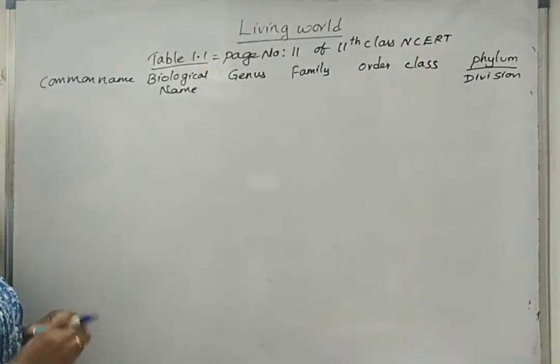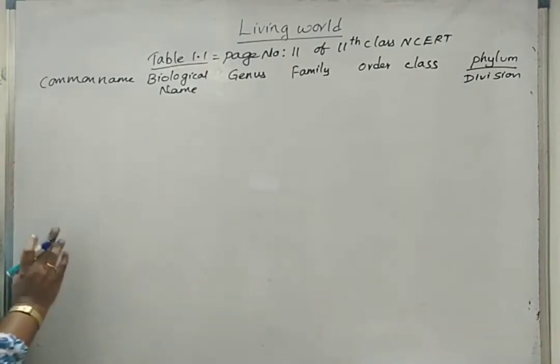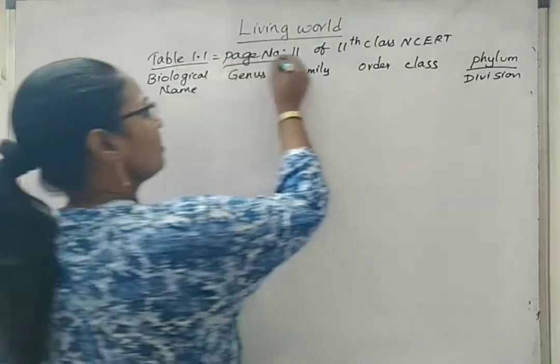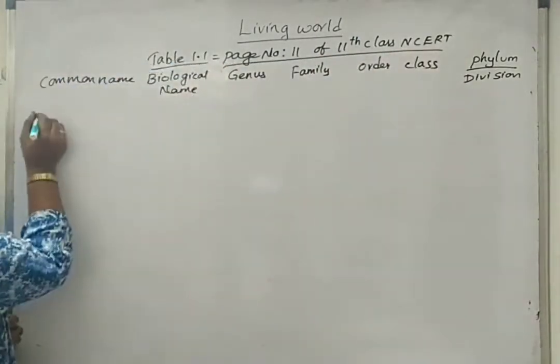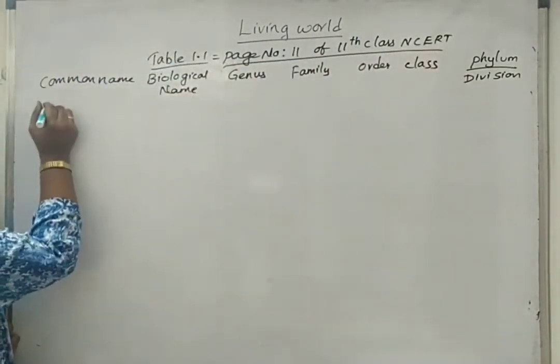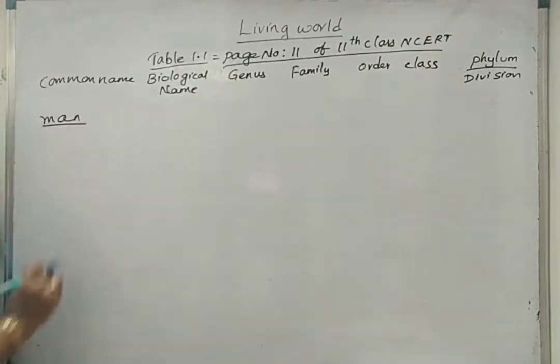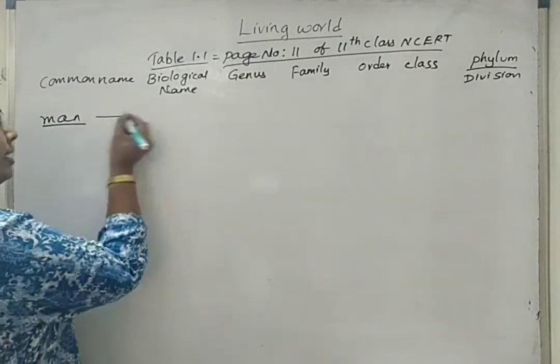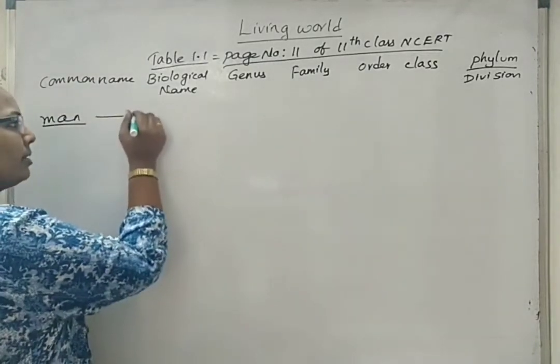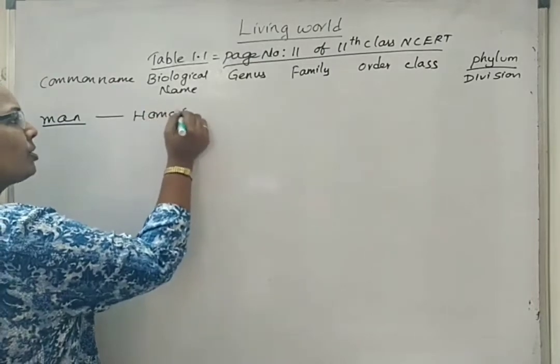We will see the table given on page number 11 of the 11th class NCERT. They have given a few examples. If the common name of an organism is man, then what will be its scientific or biological name? We know that it is Homo sapiens.